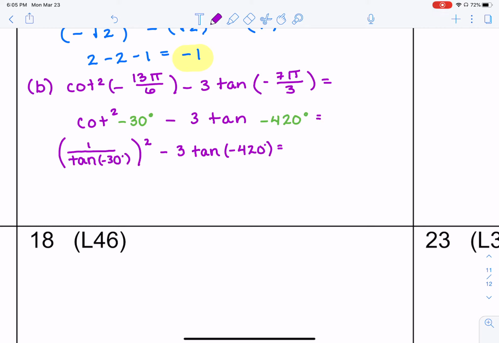Okay, so looking back now, negative 30 degrees, if you look on your trig circle, that's the same thing as saying 360 minus 30 degrees.